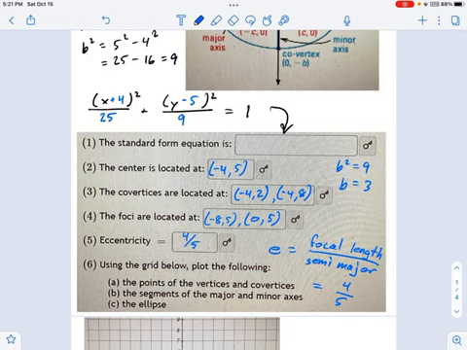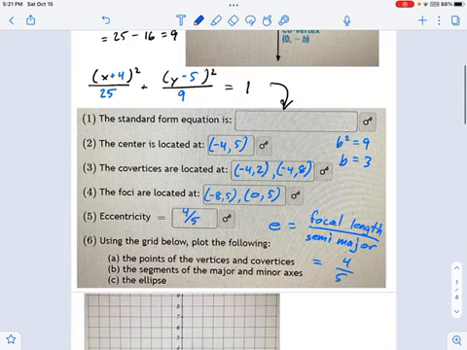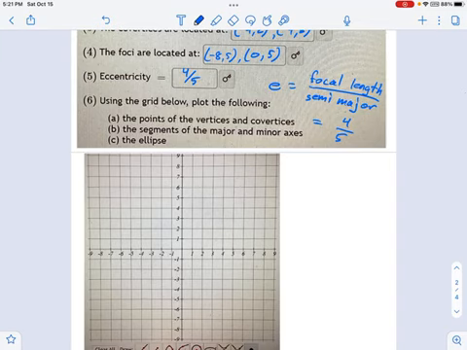And now we can plot everything on a graph very easily. Remember that the center was negative 4 comma 5. So like here, there was our center. And the major axis was 5 to the left and 5 to the right. So I'm going to count 5 and go like this, from negative 9 to 1.